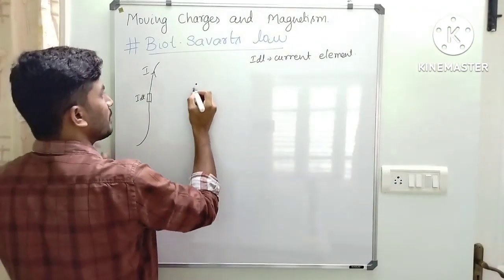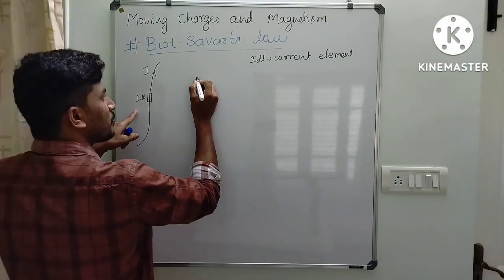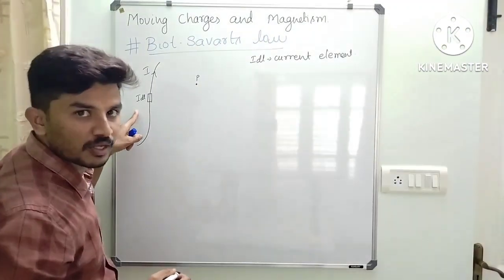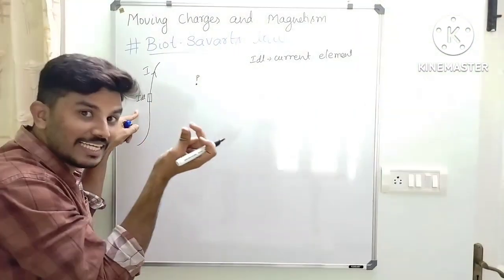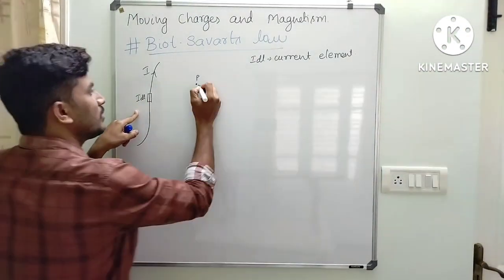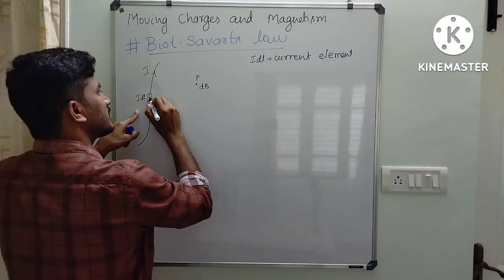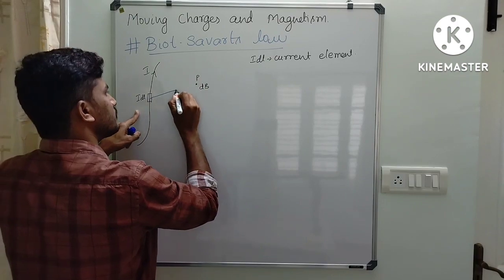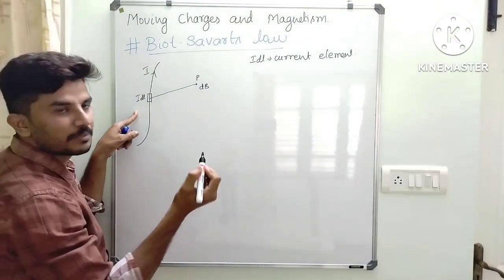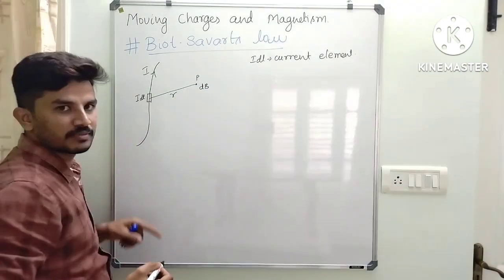So here the magnetic field produced at this particular point P due to current element I dl, small length dl, will be dB. Okay, so here the distance from the current element to P, let me consider it as r.